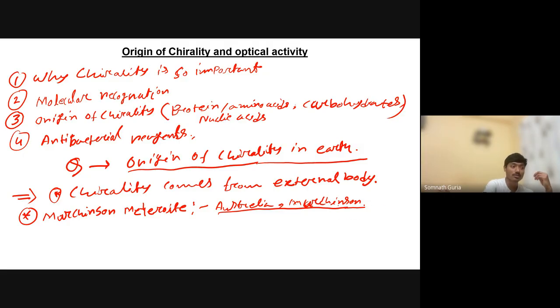Somehow these Murchison materials survived, around 100 kg of asteroid fell into the ground.